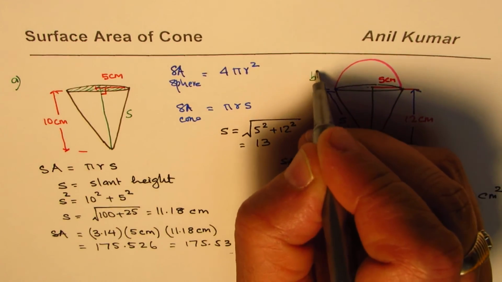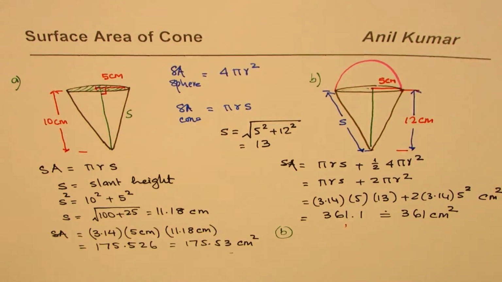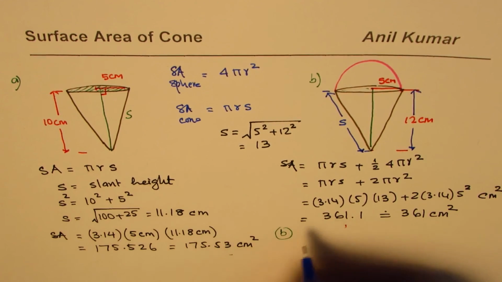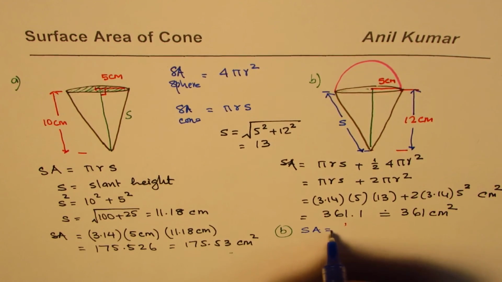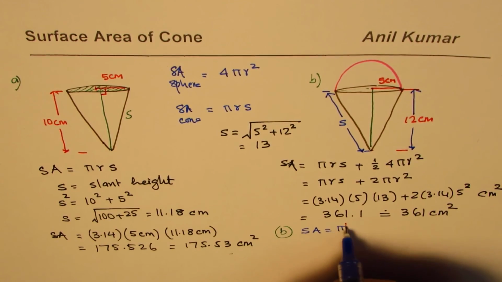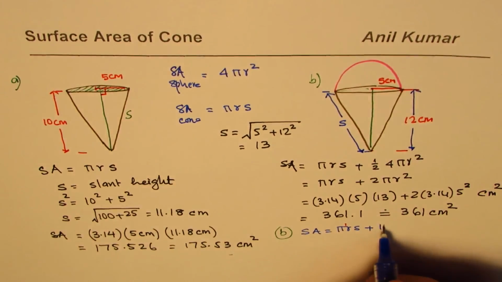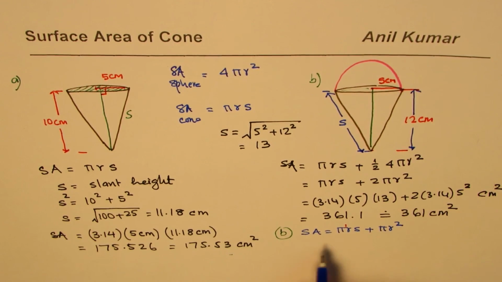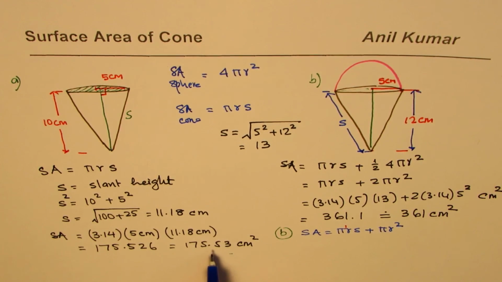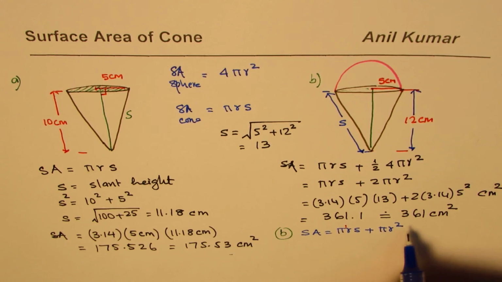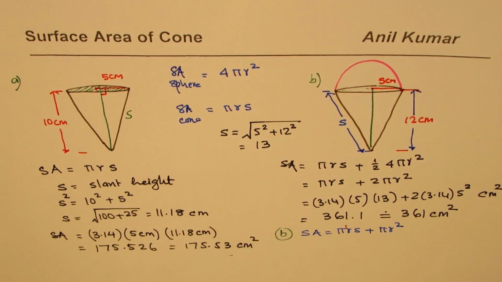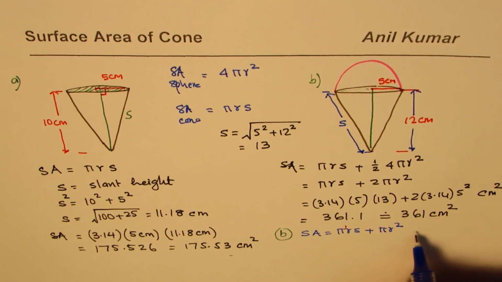In that case, the surface area will be pi r s plus the area of the circle, which is pi r squared. You already know what pi r s is. You can calculate this value and write down the answer. I'll leave this for you to do.